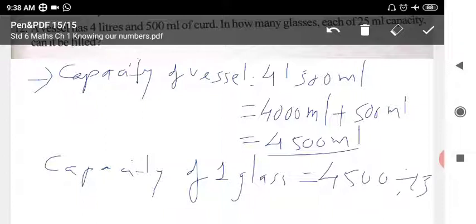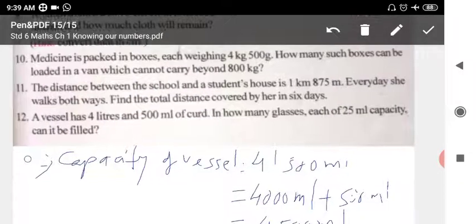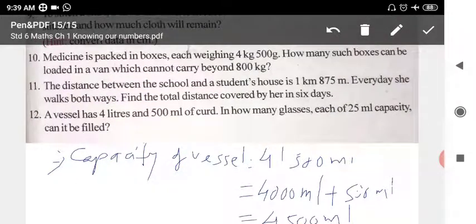When you divide, you will get the answer as 180. Each of 25 ml capacity will be filled, means 180 glasses can be filled.